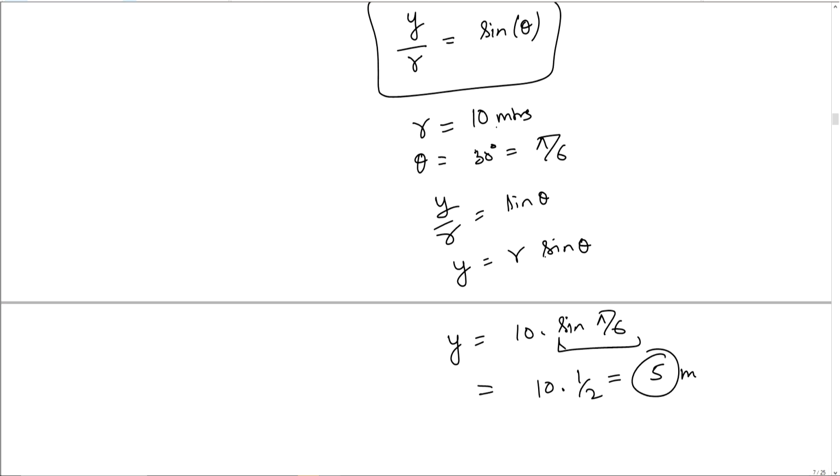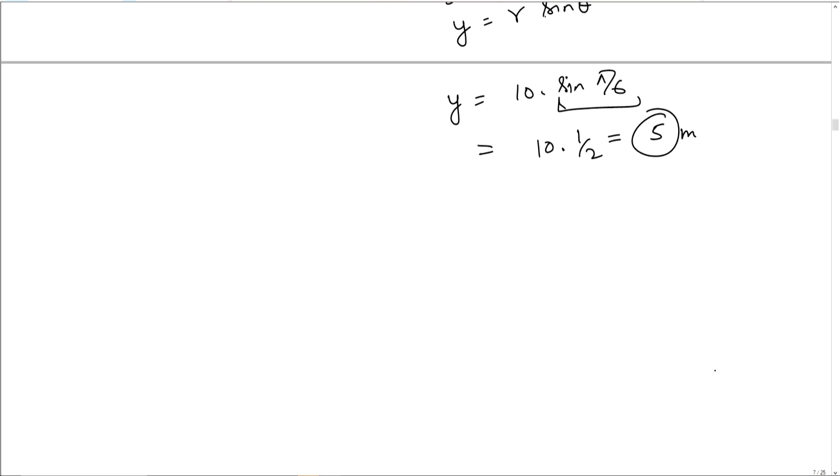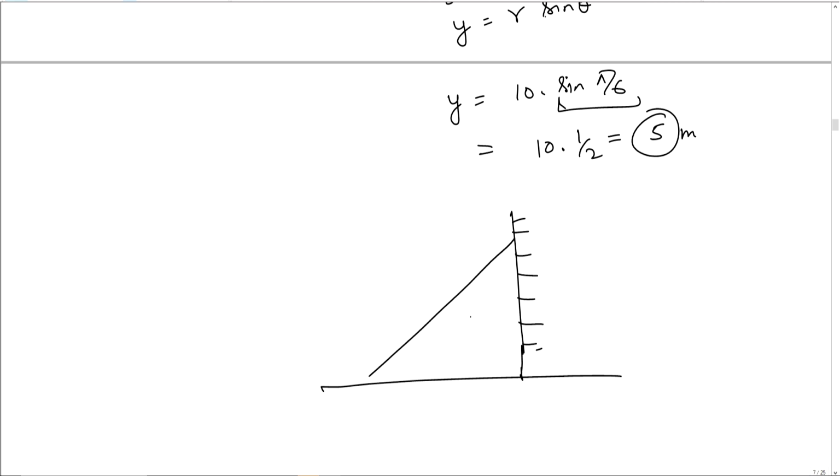Now, let us go back to our original problem. We had a wall, and this is the wall, this is the ground, and there was a ladder standing against the wall. You are given the length of the ladder, and let's say you also know the height of this point from the ground.